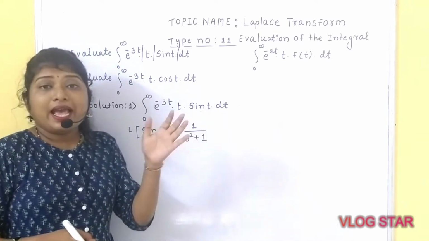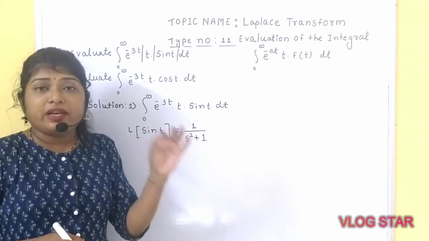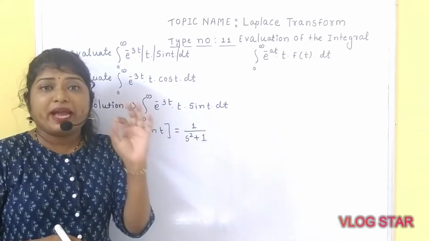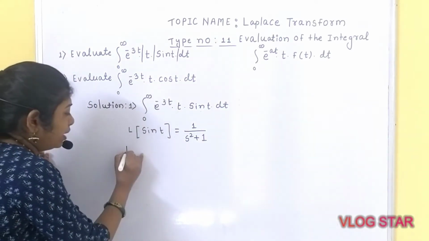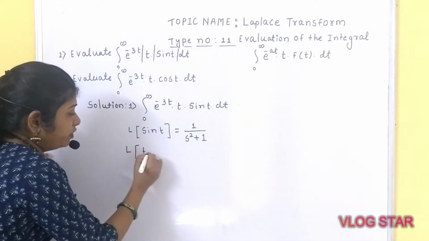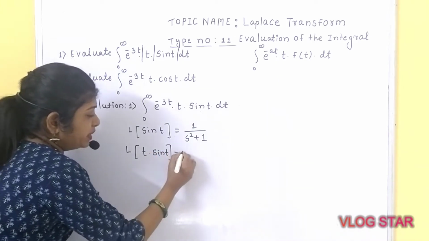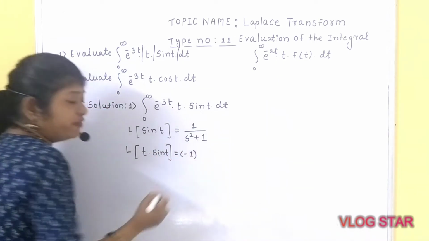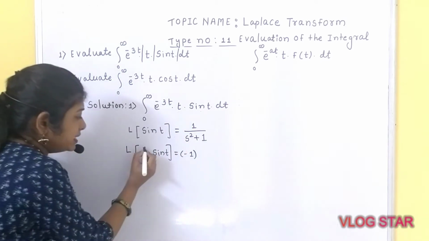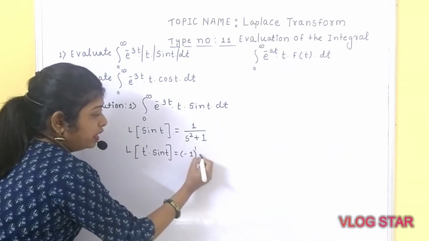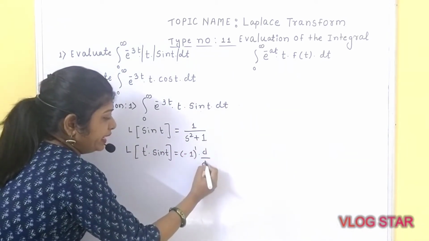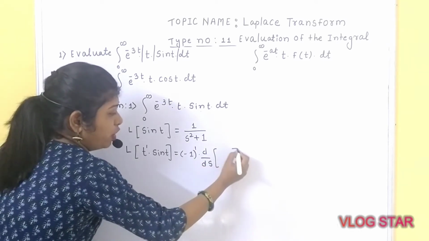Next, as I told you, as per the effect of multiplication by t, we have to calculate Laplace of t into sin t. As per the formula, what is the value of n? n is equal to 1, into d by ds of phi of s.